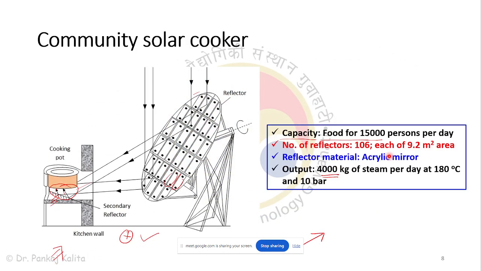This is an example of a community solar cooker. If you have several reflectors, and this is your cooking pot, the food could be prepared for 15,000 persons per day if you are using a certain number of reflectors with a certain area. And 4,000 kg of steam per day at 180 degrees Celsius and 10 bar could be achieved using this solar cooker.